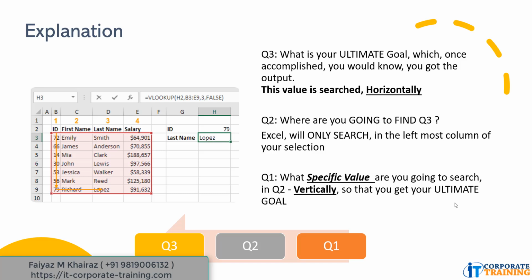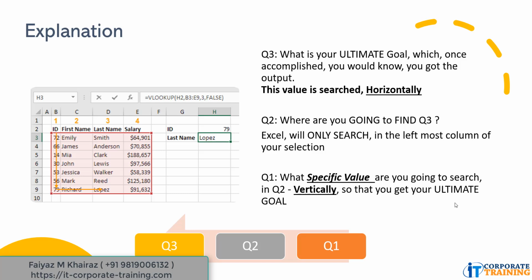Rather than thinking Q1, Q2, and Q3, just for convenience purposes, I want you to reverse the order. I want you to go into Q3, then Q2, and then Q1. This exercise is better done on a piece of paper, and you only have to do it once or twice. You don't have to keep doing it. Just that you need to get the hang of the formula. Once you get the hang of the formula, it will just flow.